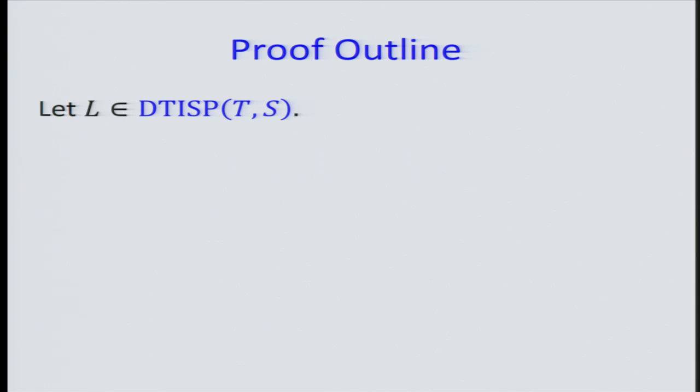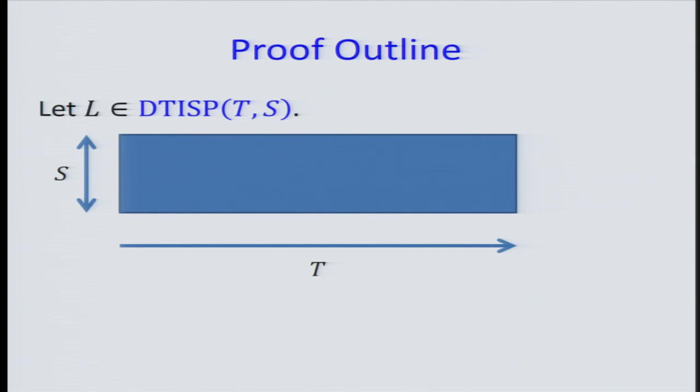OK, so let me tell you a little bit more about the proof. Let's fix some language where we can compute in time t and space s. Think of t as a large polynomial, s as a small polynomial, or polylogarithmic maybe. And think of the Turing machine computation.